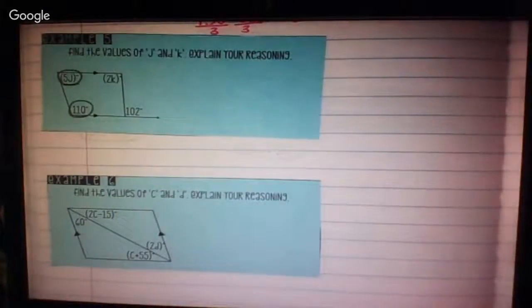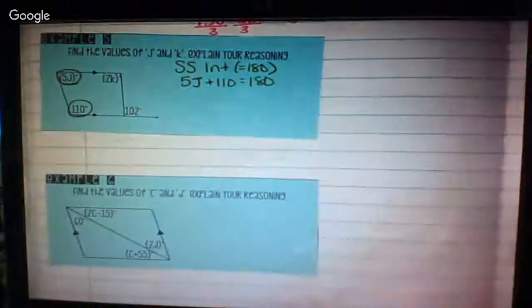They are linear. They are same side interior angles, which means that they equal 180. So 5J plus 110 equals 180.